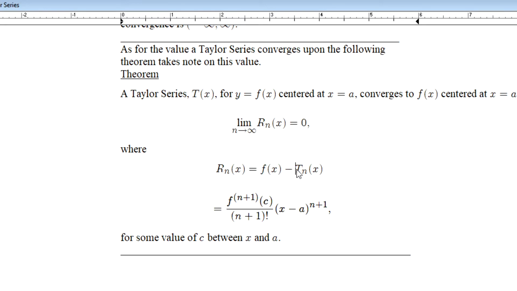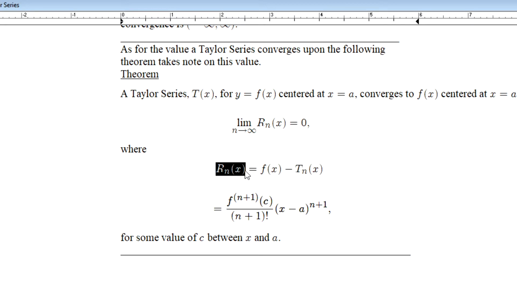If we think about the Taylor series up through the nth term, you do have an nth degree Taylor polynomial, where when you take its difference between that and the actual function we're approximating, centered at x equal to a, the remainder is going to be the difference between the function and that nth degree Taylor polynomial.